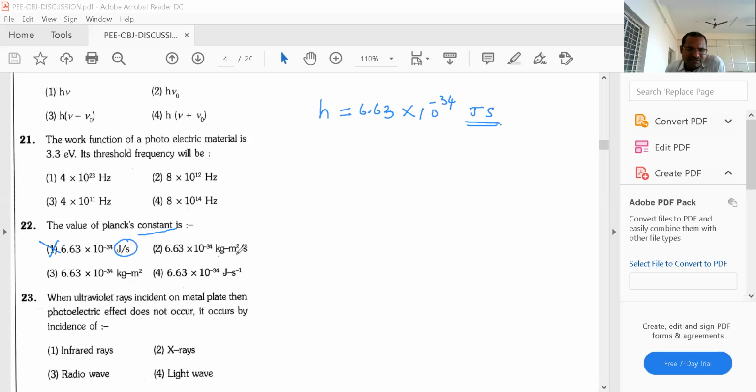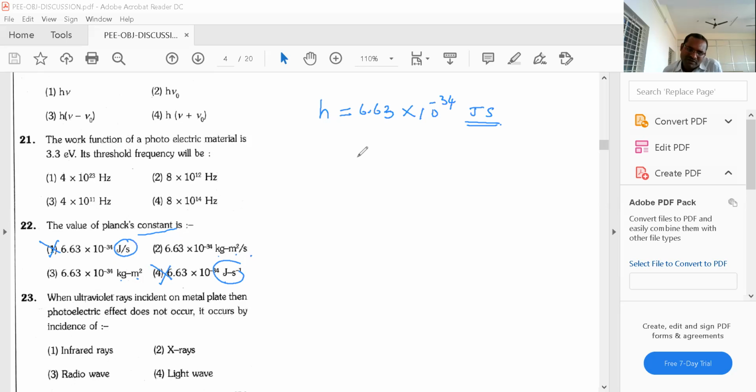Second unit is kg meter square per second. Third unit is kg meter square. Fourth unit is joule per second again, so it is also wrong. So the answer will be option 2 or 3.